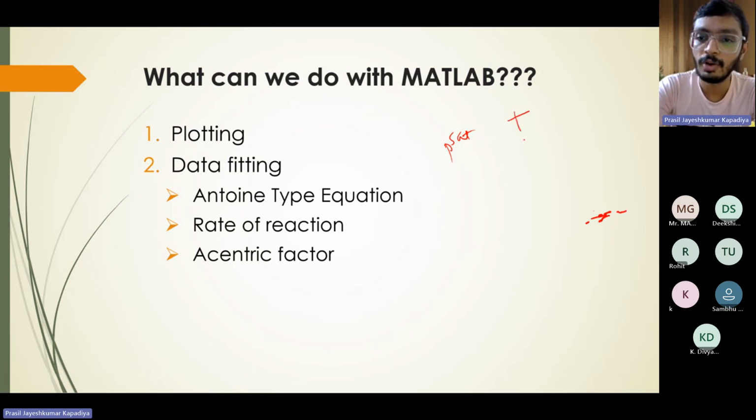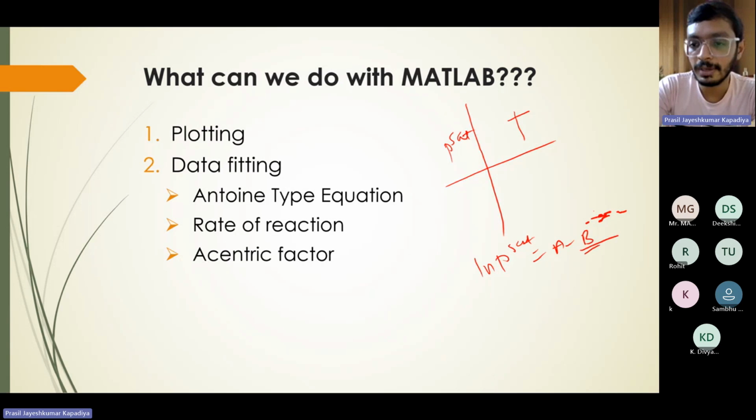You are having this table of P sat versus temperature, and you want to fit it in a kind of equation that is ln P sat is equal to A minus B divided by T plus C. So what is this equation called?